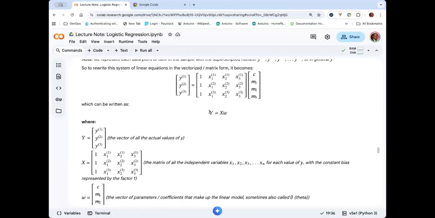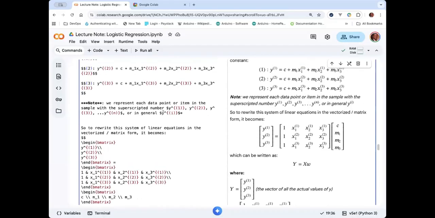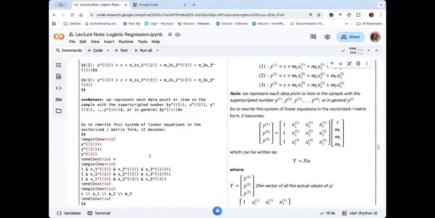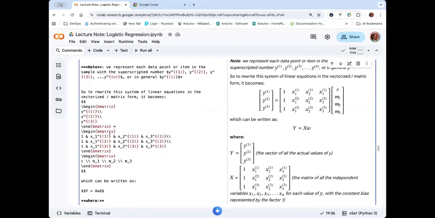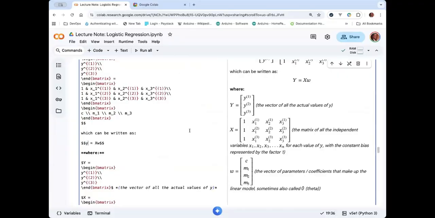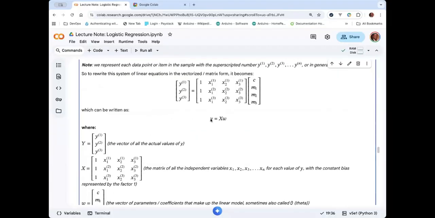I started off writing y with, so let me change this, because the convention typically is to use a small letter y to represent a vector, while an uppercase or capital letter Y represents a matrix. While I tend to prefer to use an uppercase Y whenever you have either a vector or a matrix.